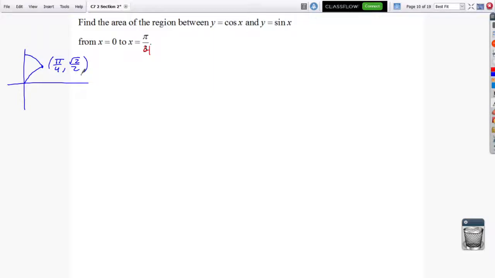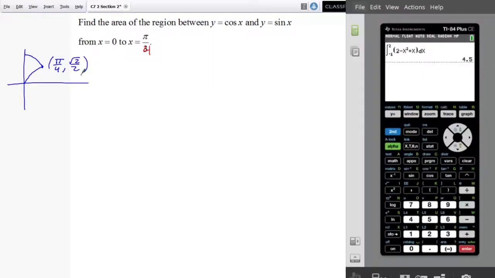Yeah, absolutely. If I wanted to graph it, I could. Let's pull up my calculator. If I go into my y equals menu, I could graph y equals cosine of x and y equals sine of x. I could make sure that I only go over the indicated interval, so I'm going from 0 to pi over 4.